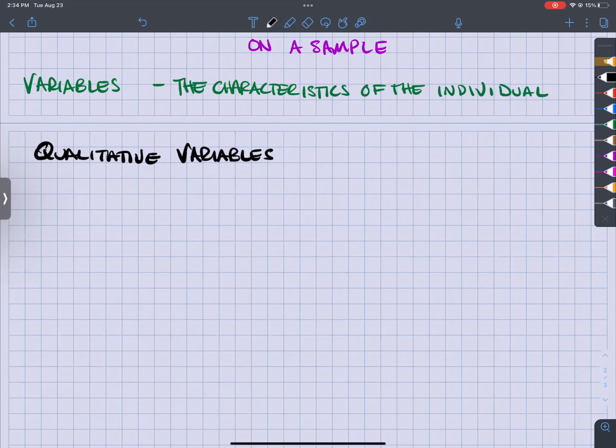Qualitative variables. I'm going to do this definition a little differently, as you guys can see.